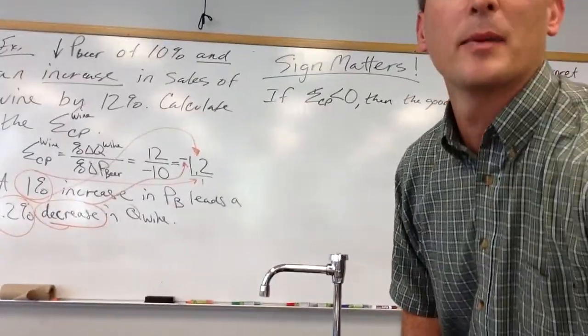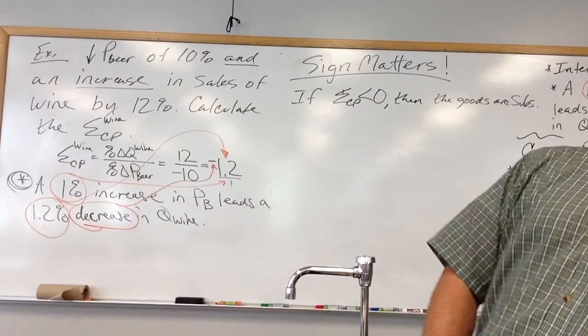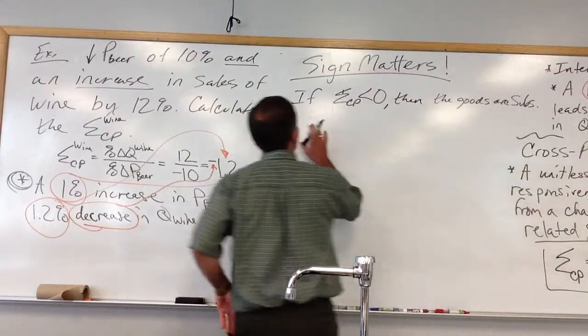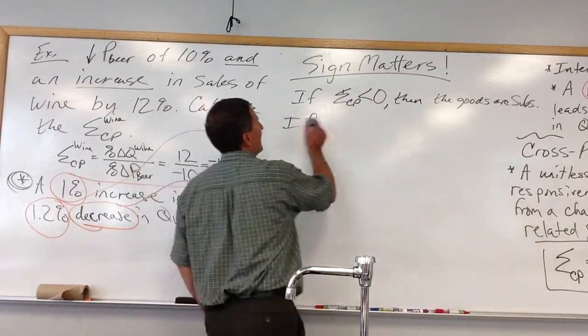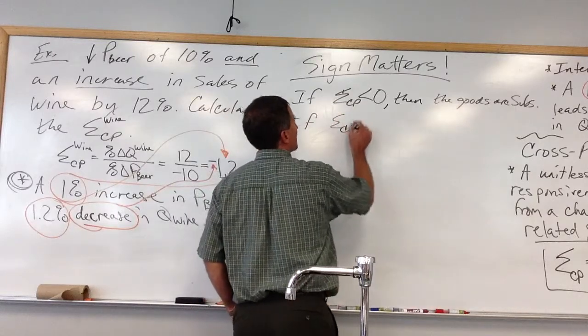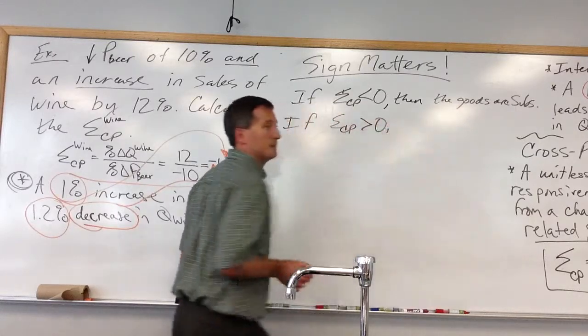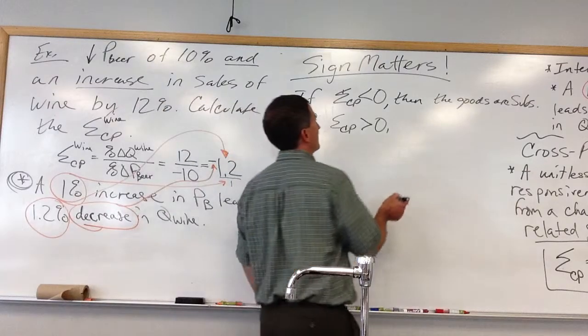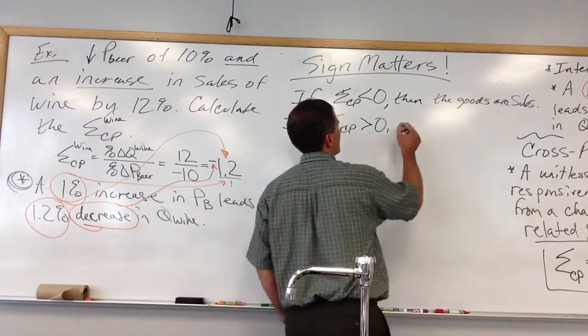I'm not quite getting my board as good as I want. Then my big face gets in the way. This would be good for the review here. If the cross price elasticity is greater than 0, then we've got complements.